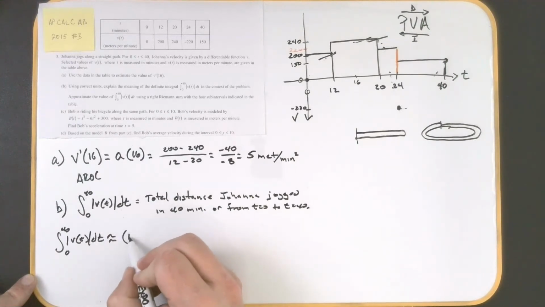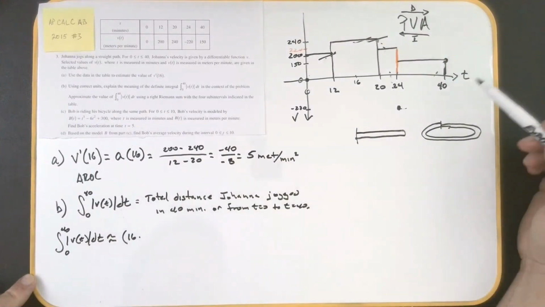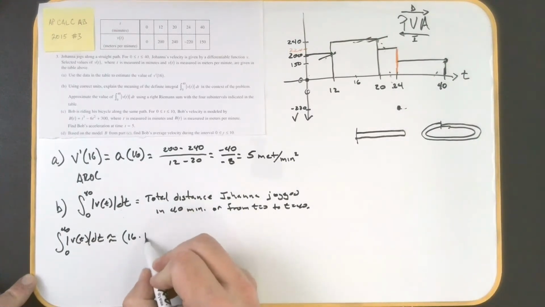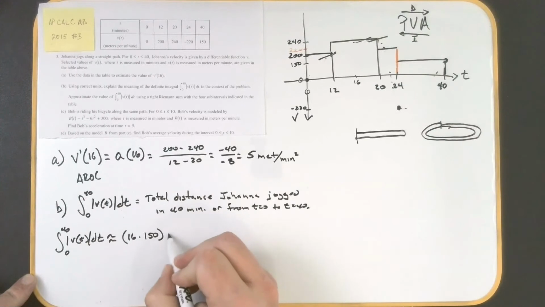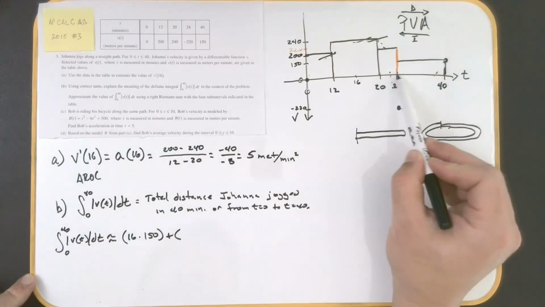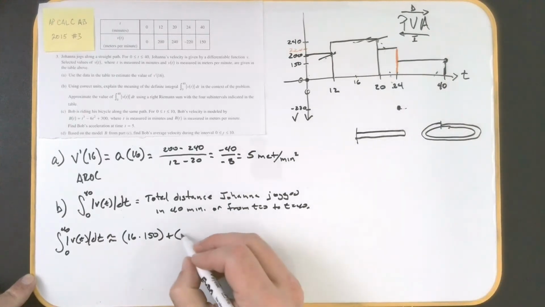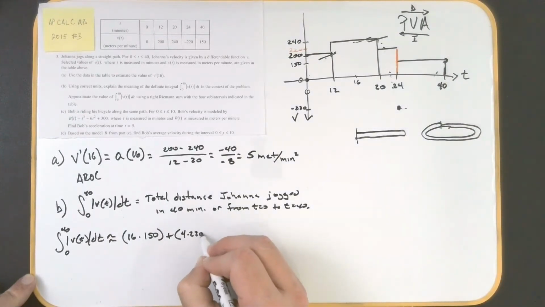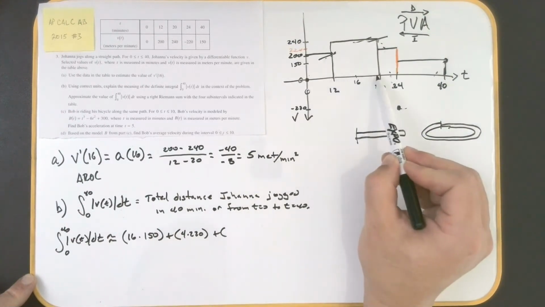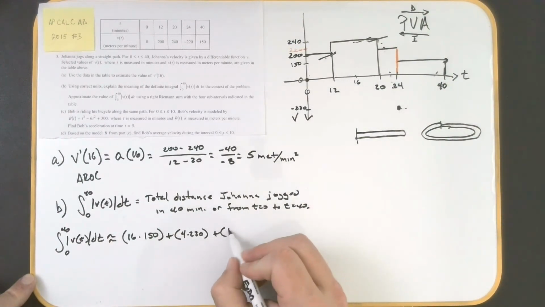So the first rectangle is 16 times the height, and the height at 40 was 150. So I have 16 times 150, plus the next rectangle over, 20 to 24, is only 4 wide, and the height is 220. So I have 4 times 220, plus my next one, 12 to 20, this width is 8, and my height is 240.